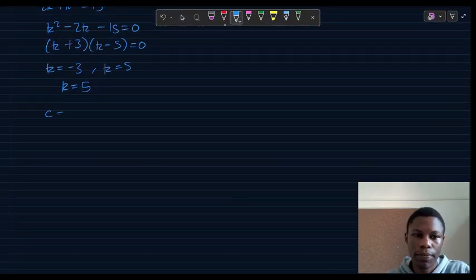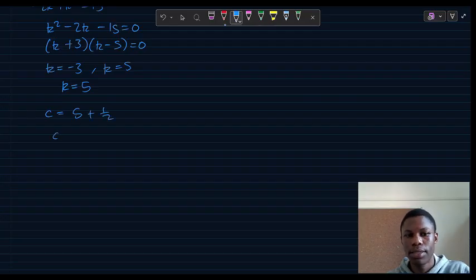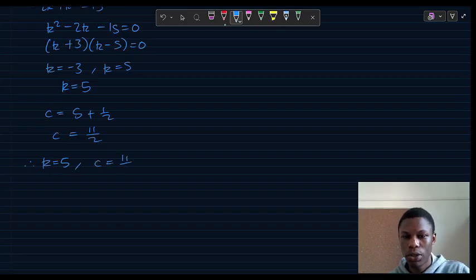So c is k plus a half. So c is 5.5 or 11 over 2. So we can conclude k is 5, c is 11 over 2, and that will be our final answer. And that's the paper as well.